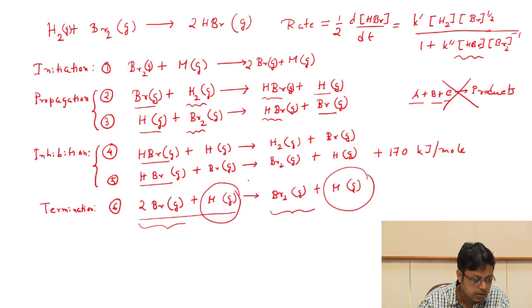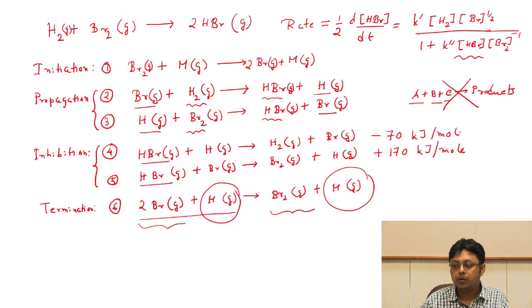Versus this other inhibition reaction, which is exothermic, meaning heat is released, by 70 kilojoule per mole, and the fifth one is the other inhibition reaction, which was endothermic by 170 kilojoule per mole. Endothermic reactions under normal conditions are very unlikely to happen because much more heat needs to be supplied. So we can right away ignore this step.